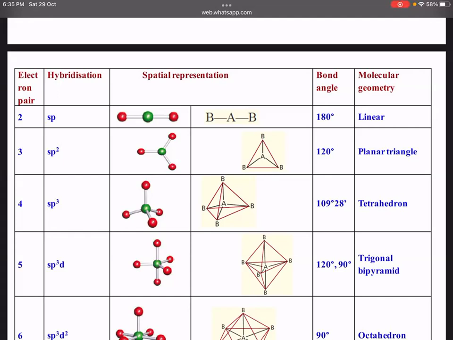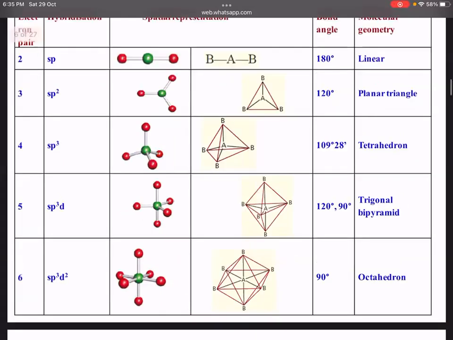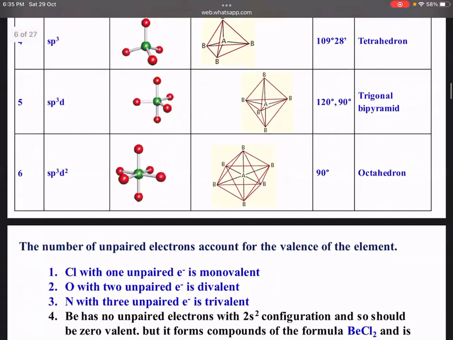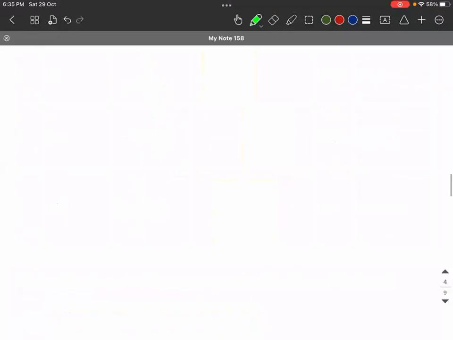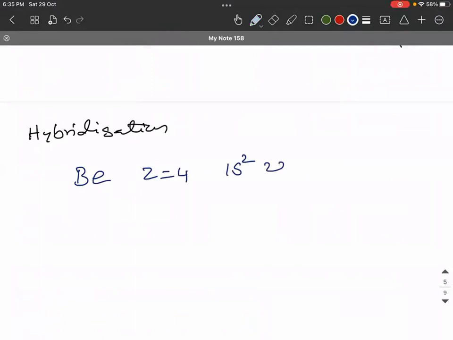They took beryllium and wrote the electronic configuration. Beryllium's atomic number is 4: 1s2, 2s2. Boron 5: 1s2, 2s2, 2p1.